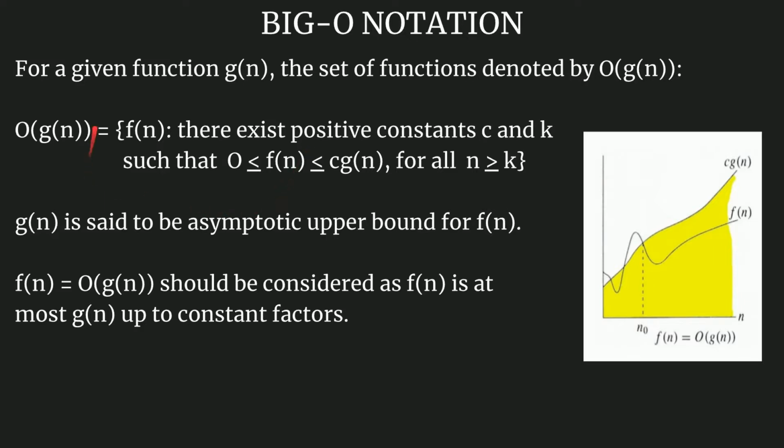If this is the case, g of n is said to be an asymptotic upper bound for f of n. f of n equals big O of g of n should be considered as f of n is at most g of n up to constant factors.